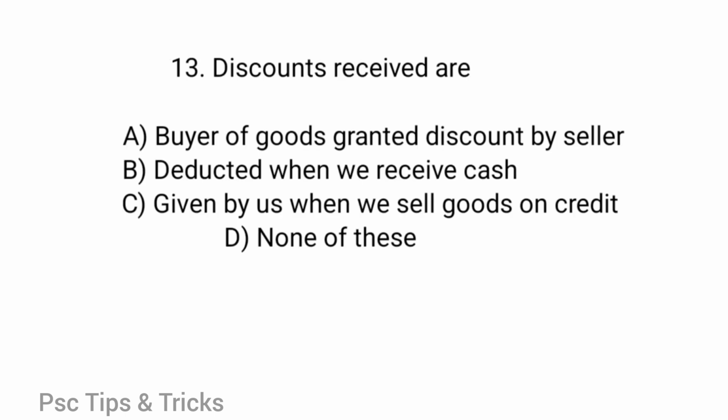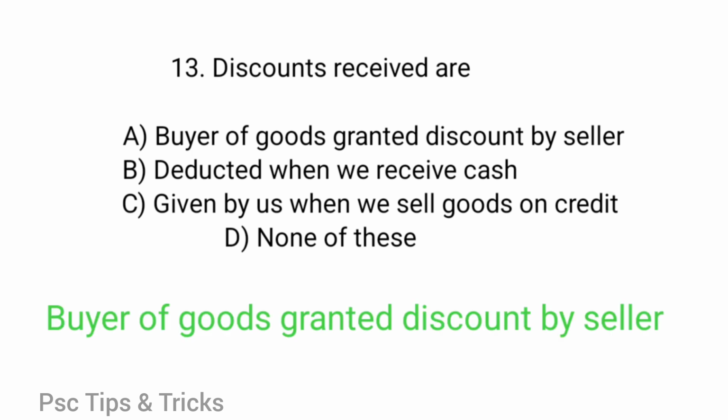Discount received are options: buyer of goods granted discount by seller, deducted when we receive cash, given by us when we sell goods on credit, none of these. Buyer of goods granted discount by seller.